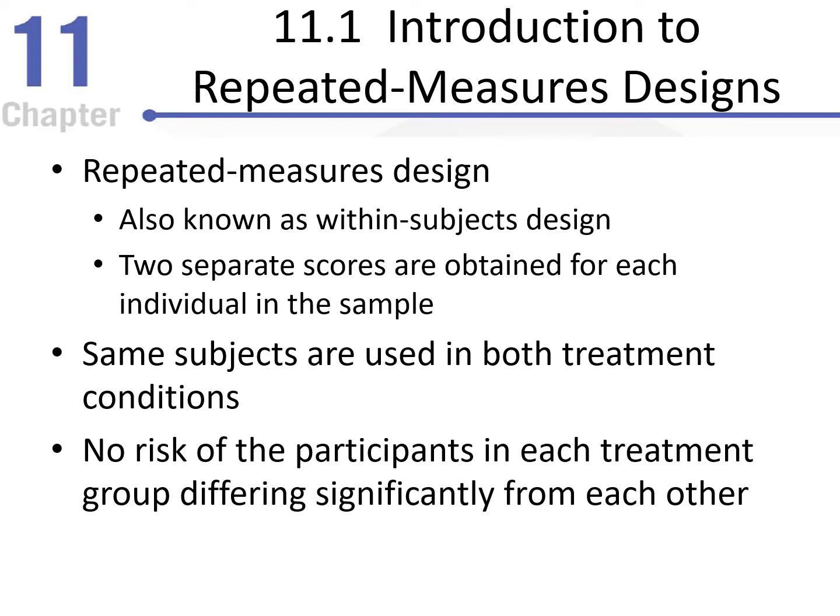With a small sample, there's that possibility of one group being biased versus another. But with a large enough sample and random assignment, that usually takes care of the independent group design. And the reason I say that is that it's not like let's all run to do repeated measures design because we don't have to worry about the sampling variability. That's usually not that big of a concern if you're doing random assignment, which you should be doing with the independent groups design.